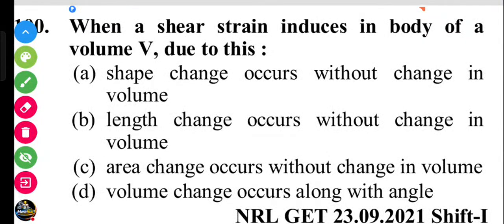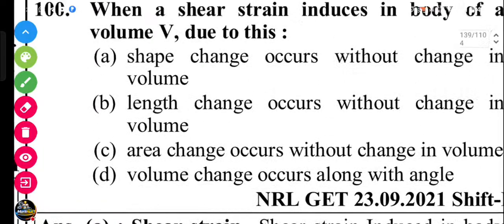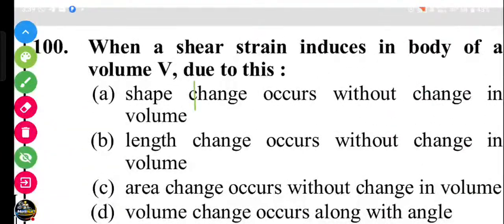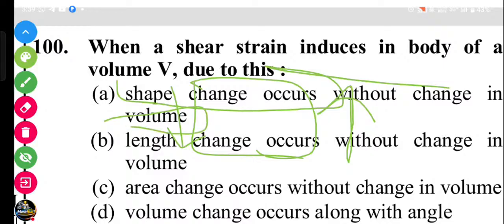I think B, D is the answer. Let's check. A is the answer: shape change occurs without change in volume. Yes, this is shear stress. Shear stress causes shape change without change in volume. Volume will remain constant. Why would volume change? Okay.